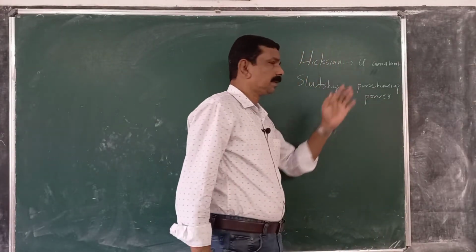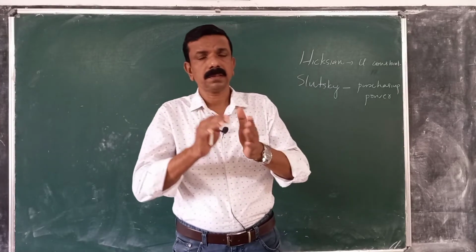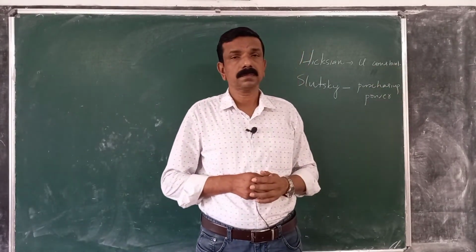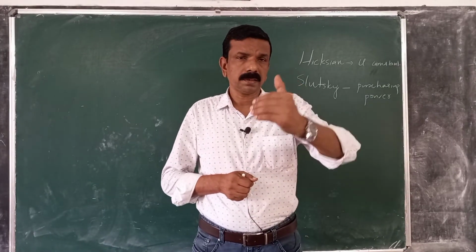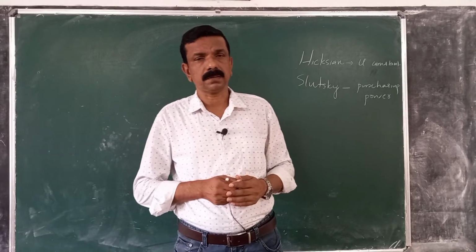In the Hicksian method, we compensate for the change in real income by keeping utility constant, so that the compensated budget line is tangent to the original indifference curve.